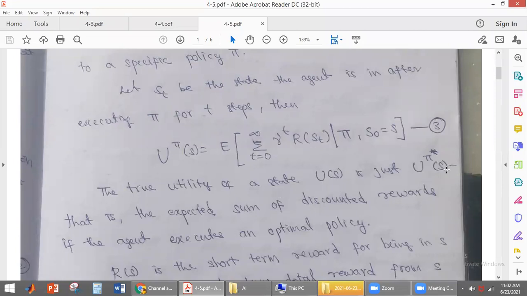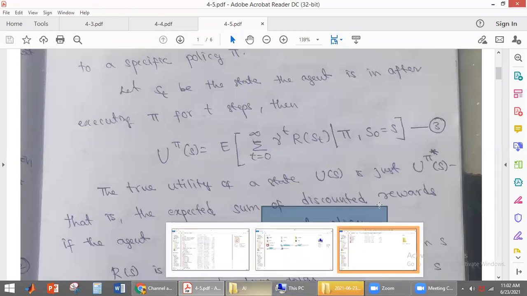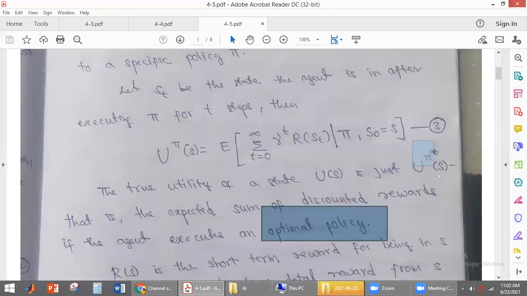U pi star of s is the expected sum of rewards if the agent executes the optimal policy. This is known as U pi star of s.